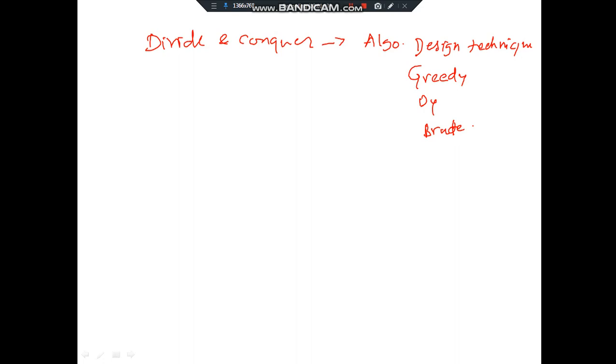Whenever a problem is given to us, let us say the problem size is n. Let us say this is a problem P, its size is n, and we want to solve this problem. In order to solve it, we can apply a brute force method. For example, let us say sorting.